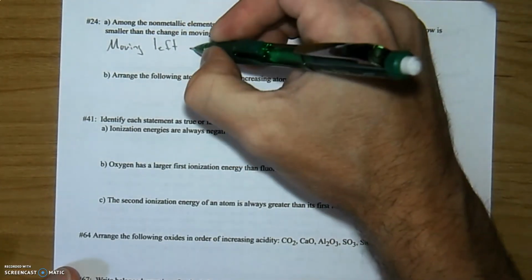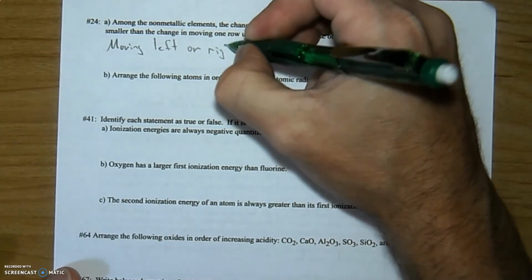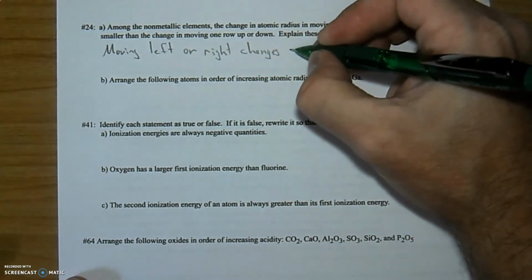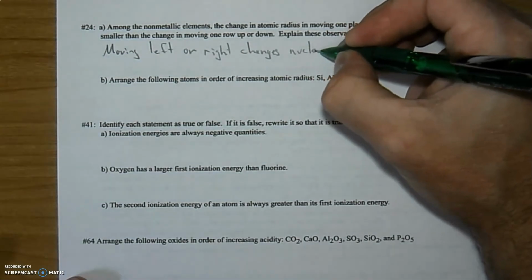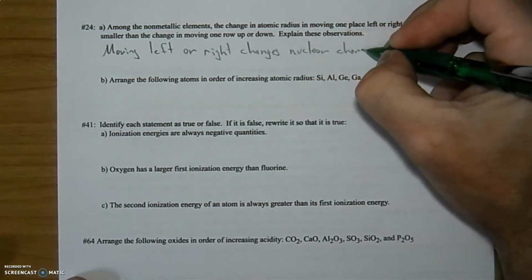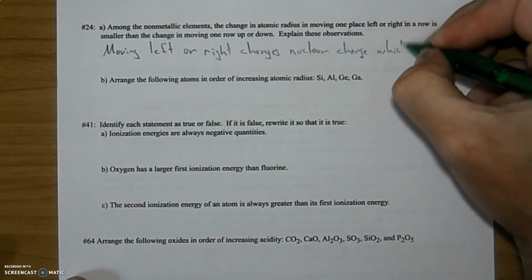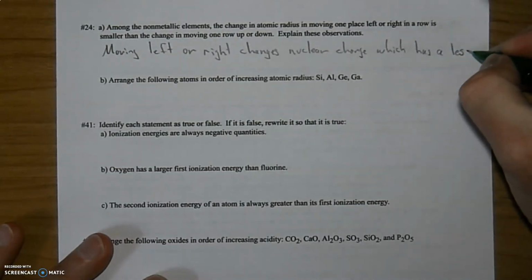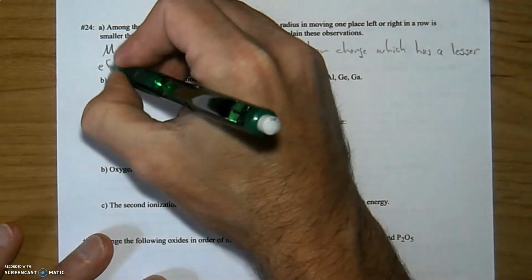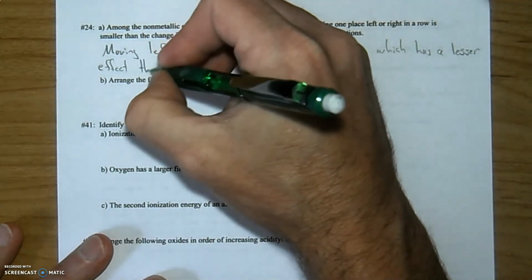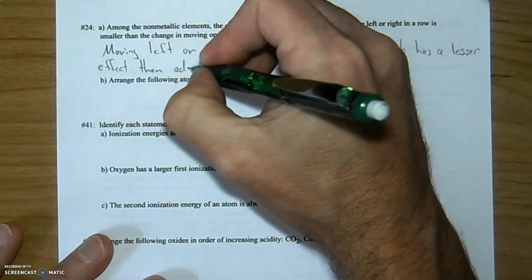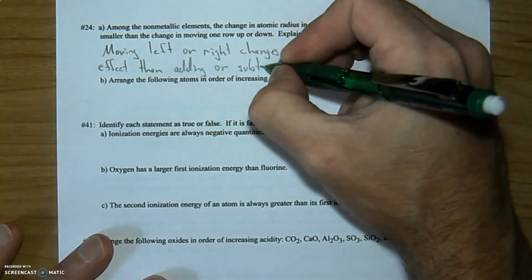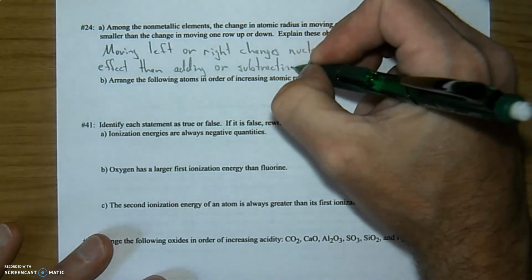Moving left or right changes the nuclear charge, which has a lesser effect than adding or subtracting shells.